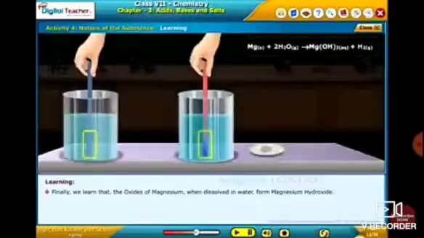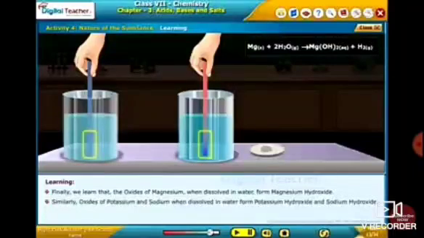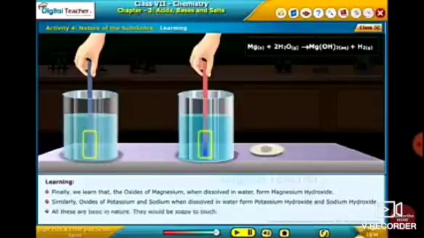This is the formula. Similarly, oxides of potassium and sodium, when dissolved in water, form potassium hydroxide and sodium hydroxide. All these are basic in nature. They would be soapy to touch.